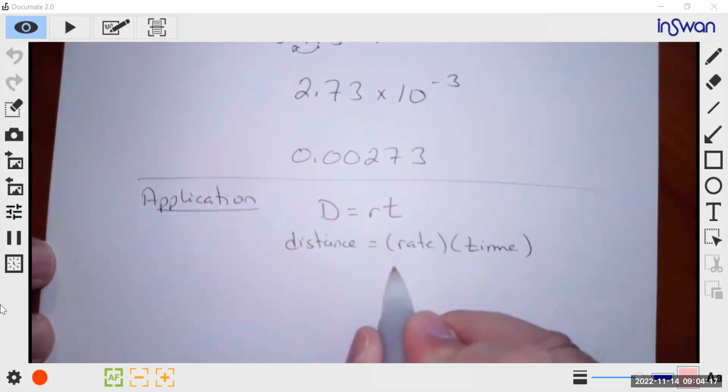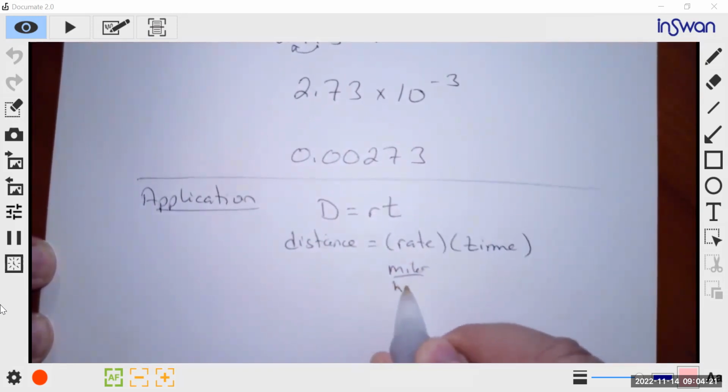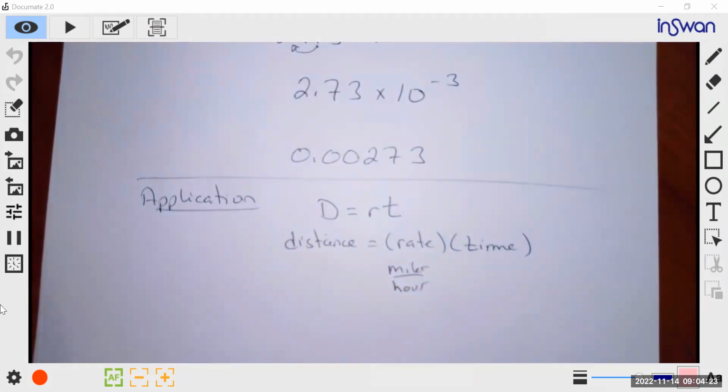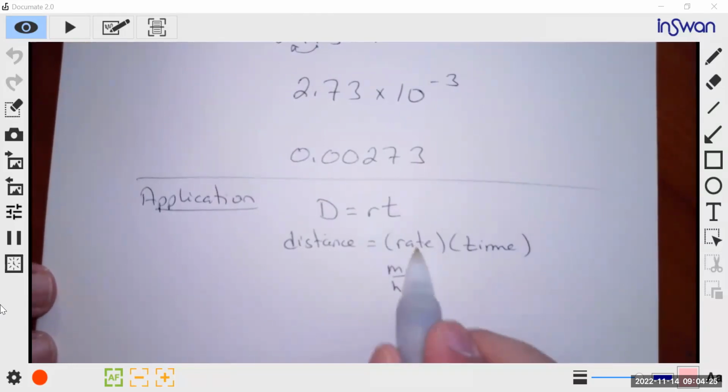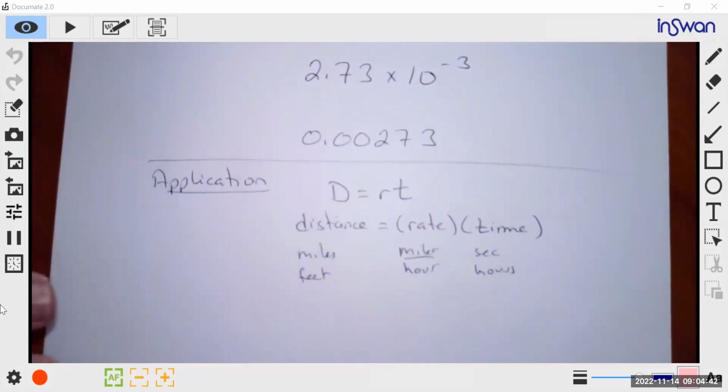Rate is like miles per hour, feet per second. So a rate is a distance over time. Time could be anything like seconds, hours, days. Distance is in miles, feet, kilometers.